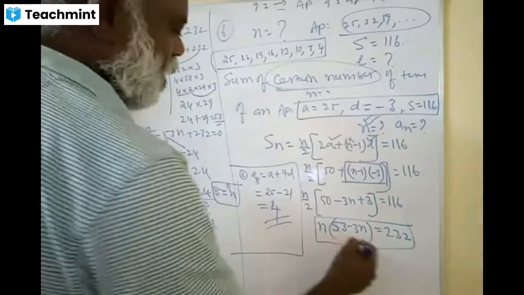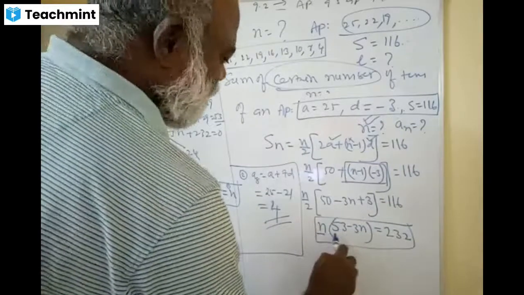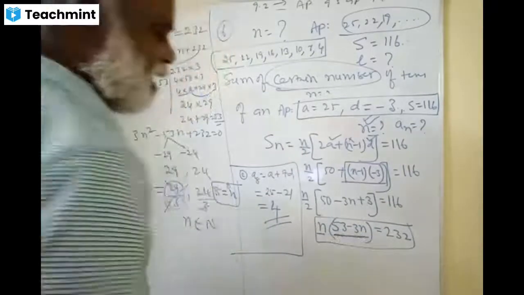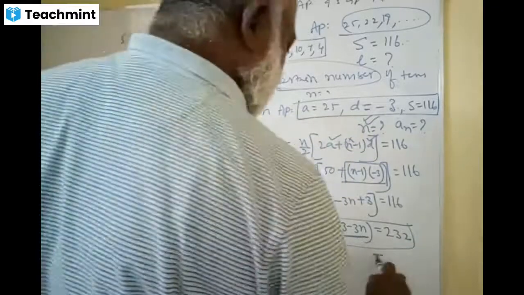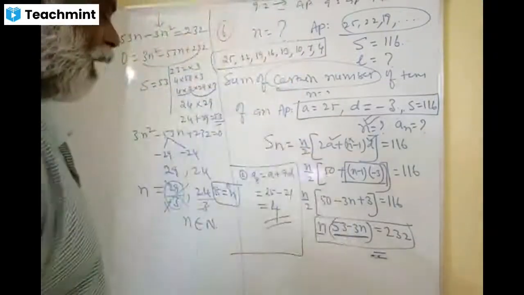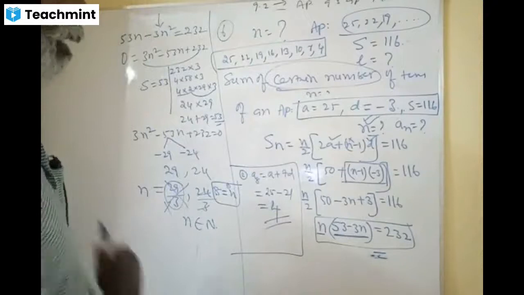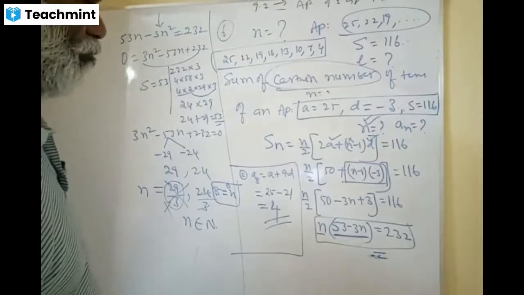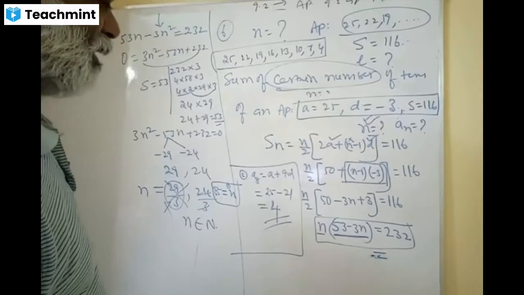See here, the shortcut to find n is, there are two factors. One is n, the other one is 53 minus 3n. It's not easy here, but the same factorization applies. This 232 can be written as, this is not easy, but we can do it. (53 minus 3n), right?